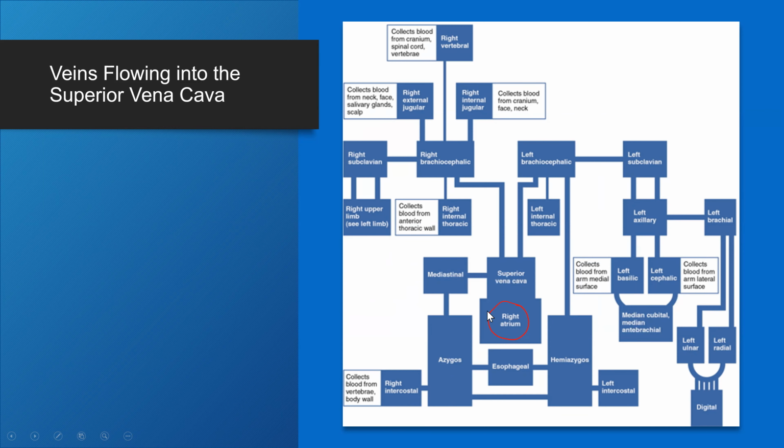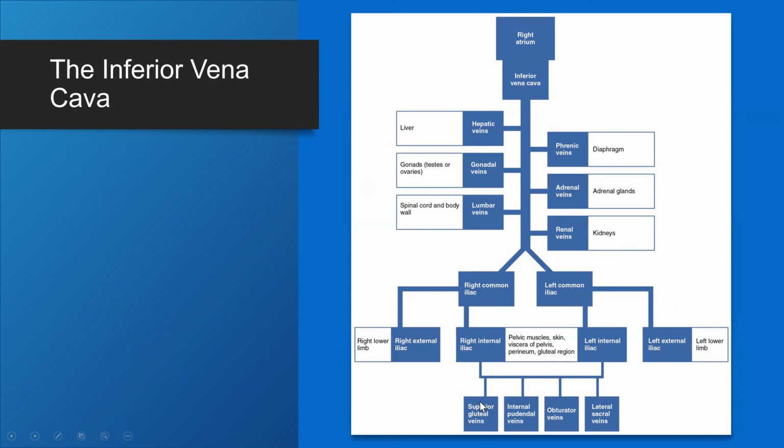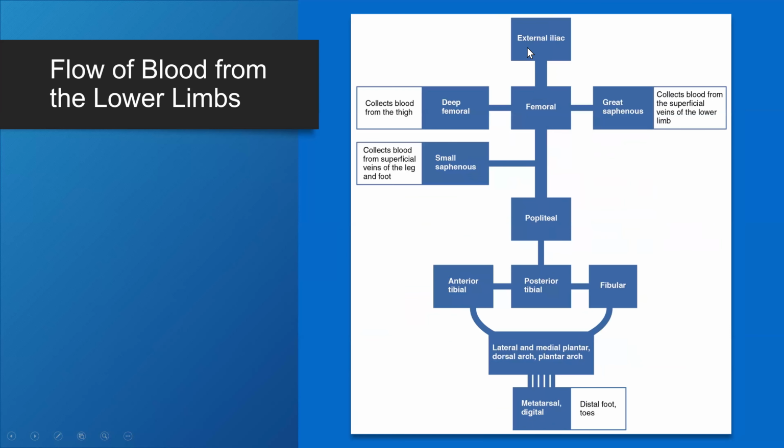So that's a lot of blood flow, and this shows us the blood flow from the right lower limb, left lower limb, and from the pelvic muscle, skin, viscera of pelvis, perineum, gluteal region. So that's back to common iliac, and then to inferior vena cava, and we pick up renal veins, adrenal veins, lumbar veins, gonadal, phrenic, hepatic, and to the right atrium.